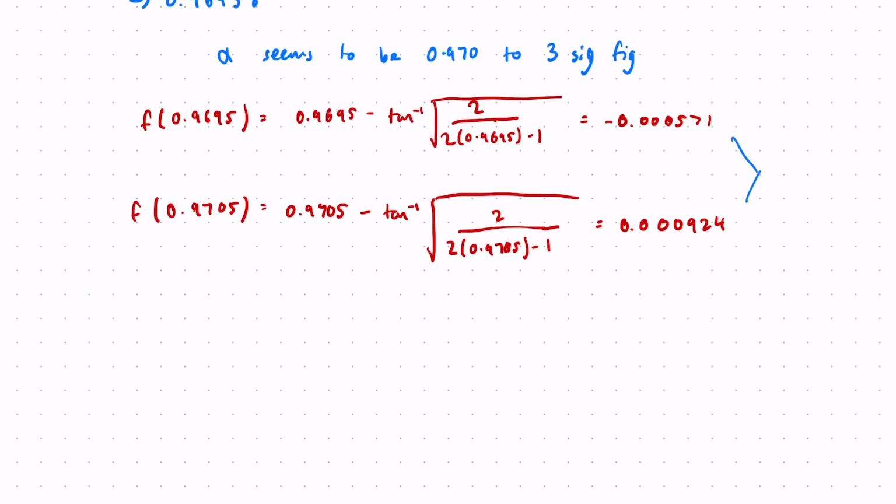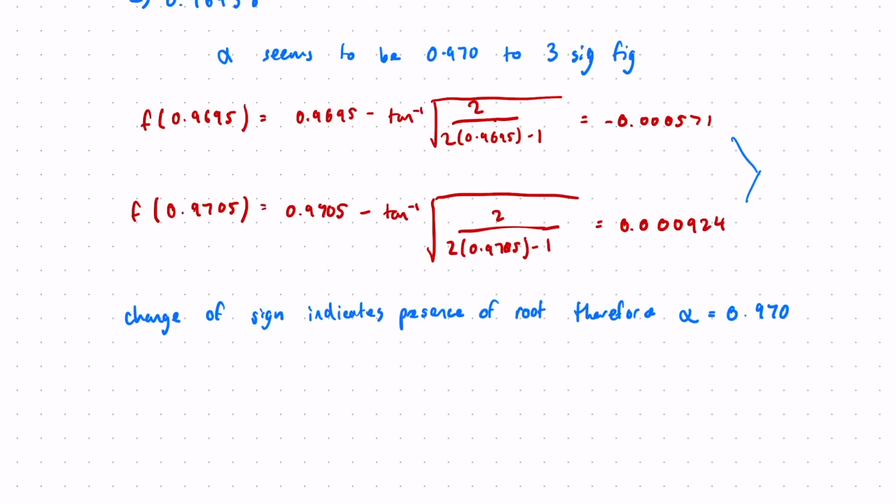So we're going to say change of sign indicates presence of root, therefore alpha is equal to 0.970 correct to 3 sig fig.